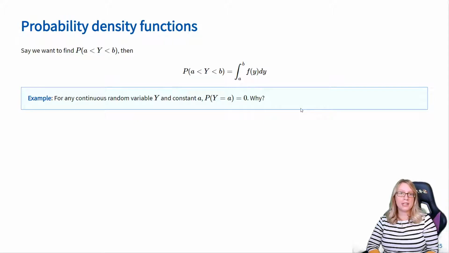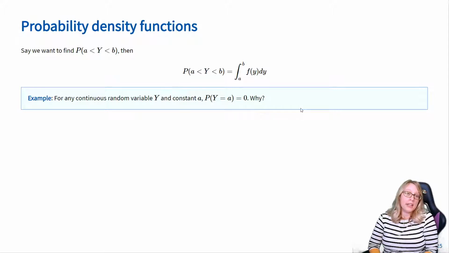Now, with any continuous random variable, there's a fun little property that comes from this. The probability that y takes on a single individual value is equal to 1. Now, there are a few ways, it's not equal to 1, it is equal to 0. There are a few ways to justify this. Probably the simplest way conceptually is this. With a continuous random variable, we are assuming that any of an infinite number of values within a range is possible.